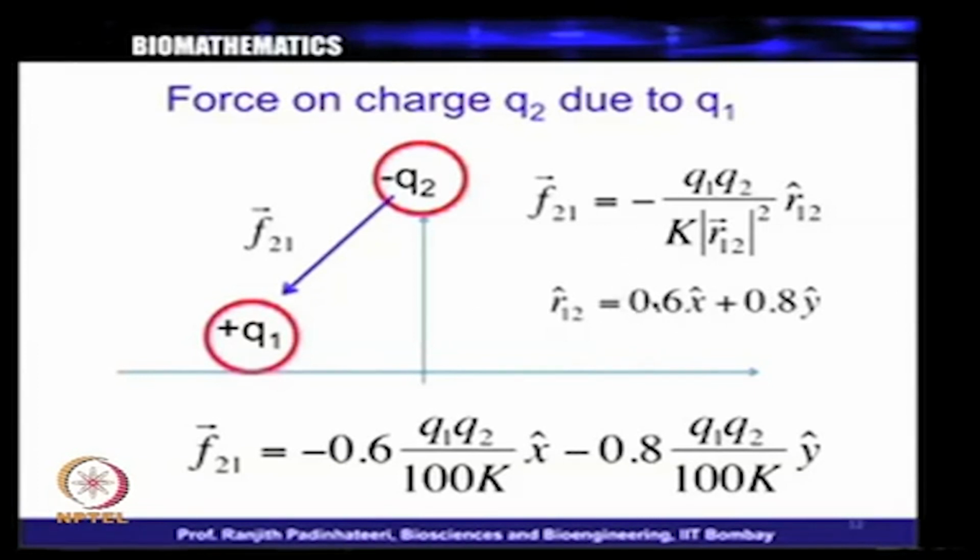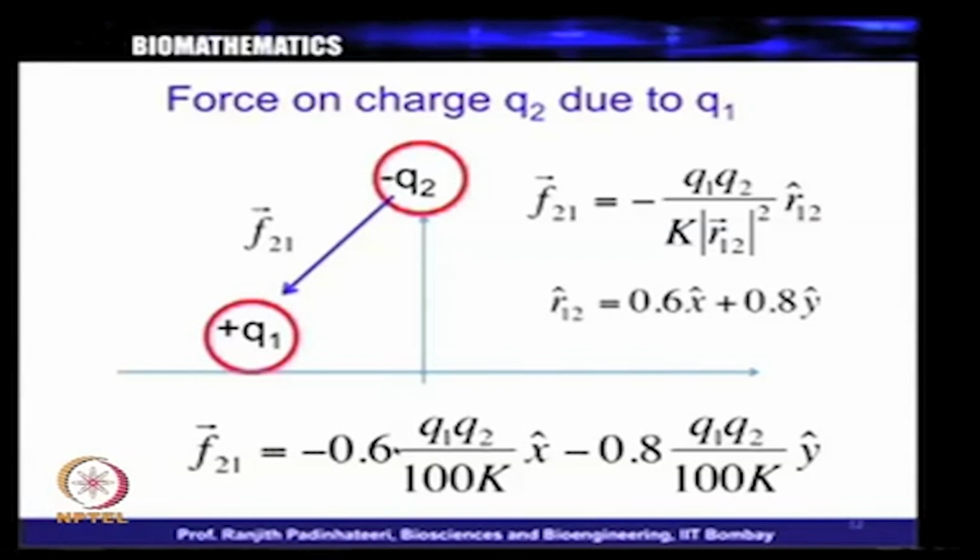Substituting, F21 is minus 0.6 times q1 q2 by k r12 squared, where r12 squared is 100, so q1 q2 by 100k in the x direction, minus 0.8 times q1 q2 by 100k in the y direction. This is what F21 is.